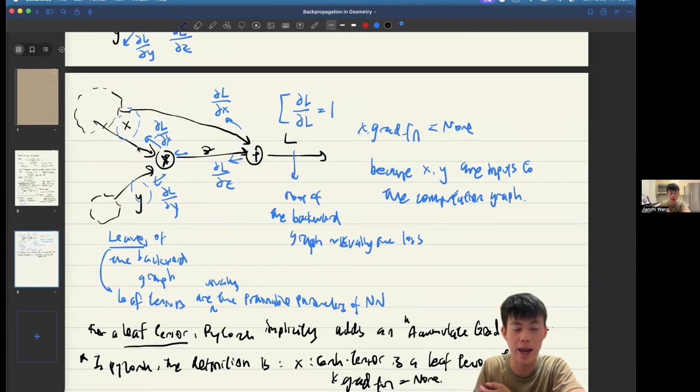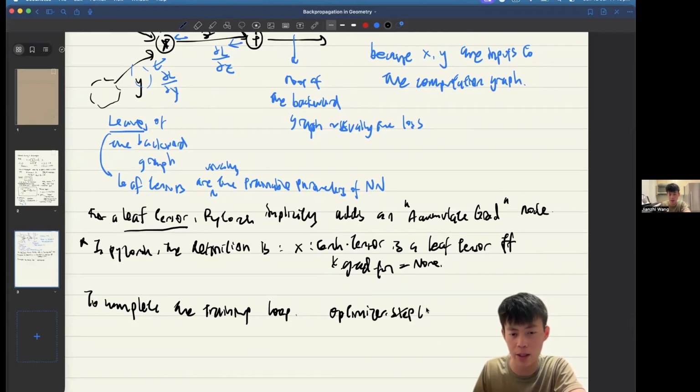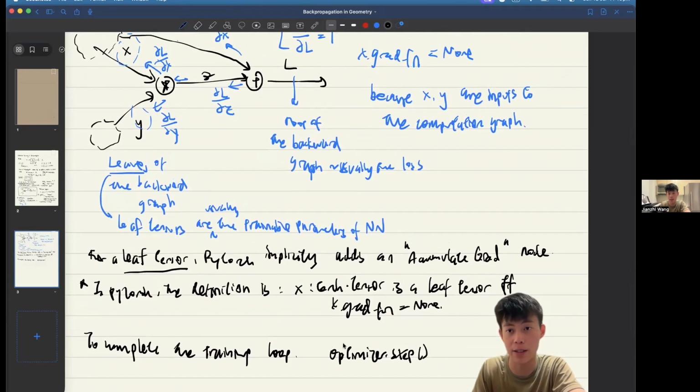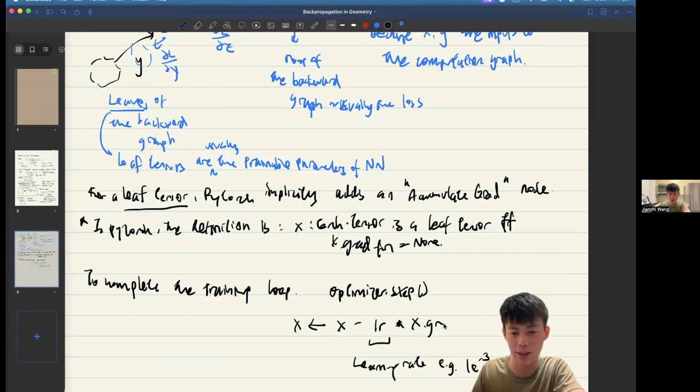And at the end, to complete the training loop, usually we have an optimizer. We register the trainable parameters in this optimizer, and we call optimizer.step. What this .step does, you can just think of it as x is equal to x minus a learning rate, for example 1e-3, times x.grad.